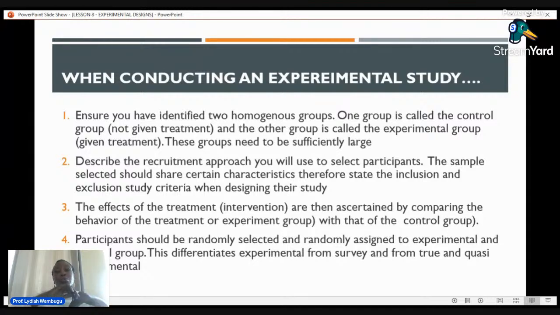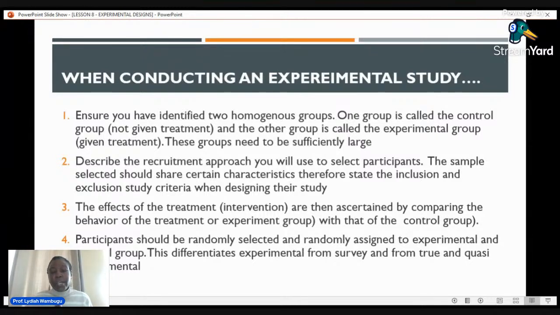If I have a group of 100, maybe I'll just say number 1, you go to experimental, number 2 control, number 3 experimental, randomly, but you don't select. You don't handpick that you need to go here, you need to stay here, no, it should be randomly selected and then randomly assigned. And nobody should know.